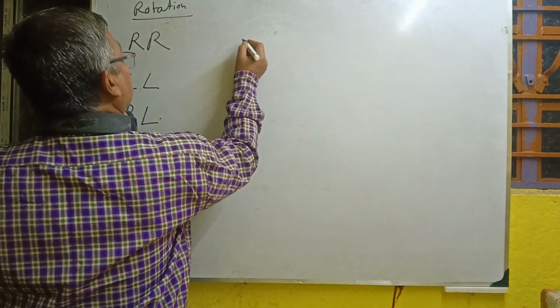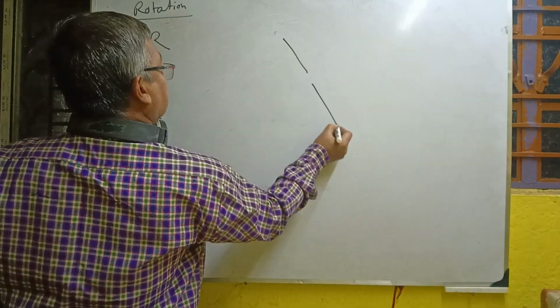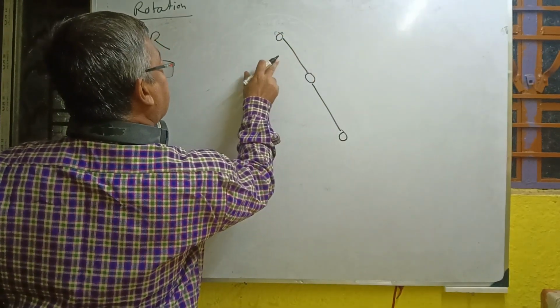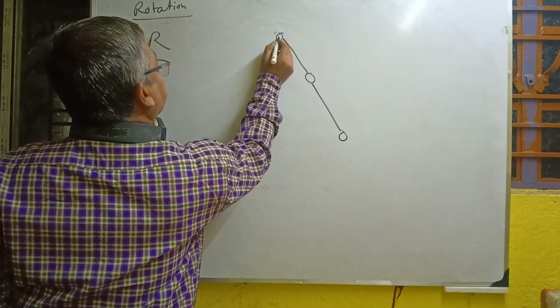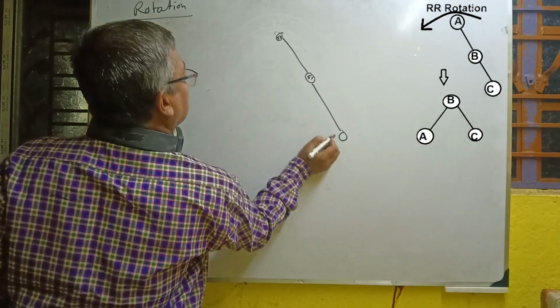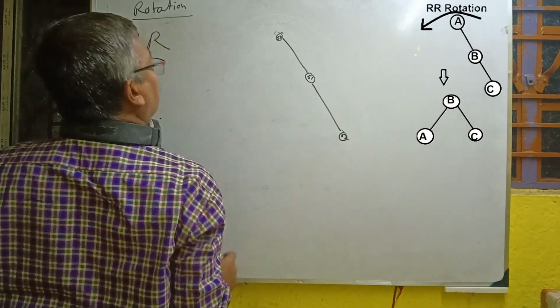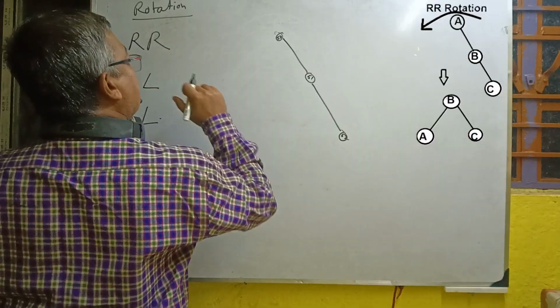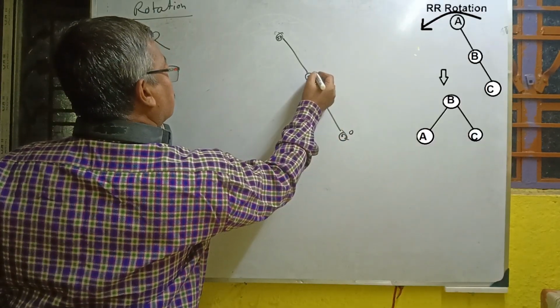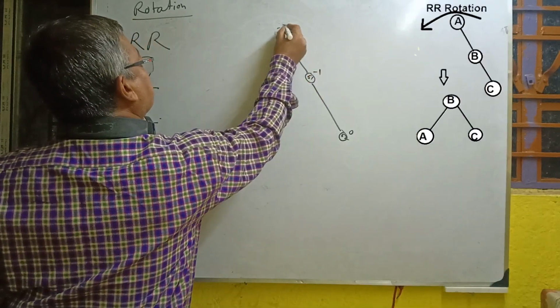RR rotation, a right rotation: two nodes where one is the right child of another. Suppose this is 50, this is 51, this is 52. This is RR rotation. The balance factor is 0 for the last, then 0 minus 1 is minus 1, then minus 1 minus 1 is minus 2.